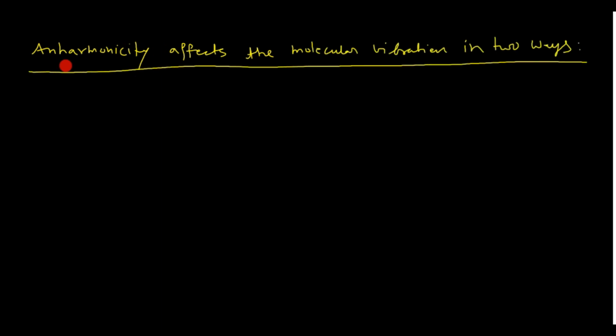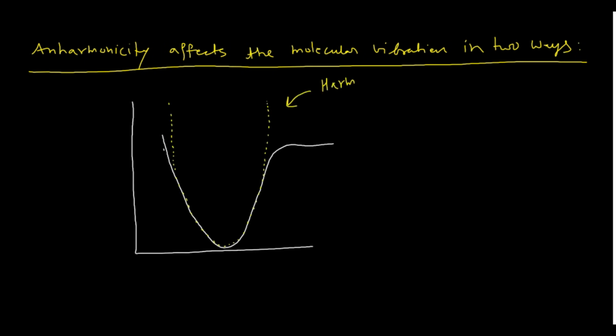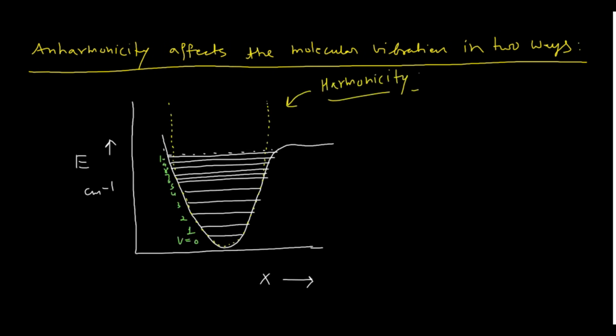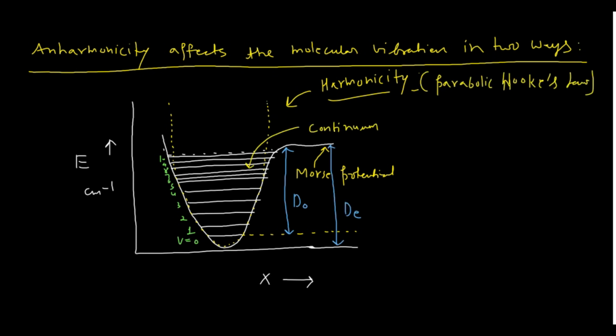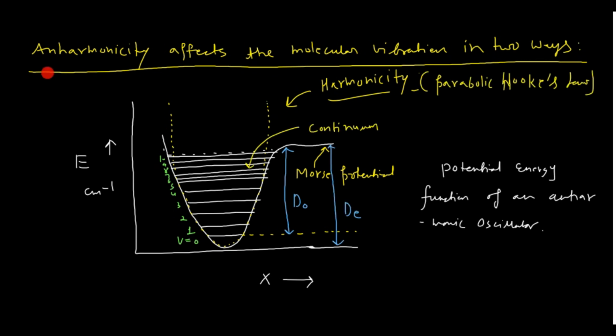Here in this slide you can see what I have written: anharmonicity affects the molecular vibration in two ways. What are those two ways? To explain all these things, I have to draw.